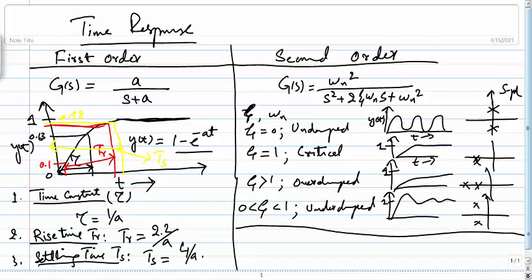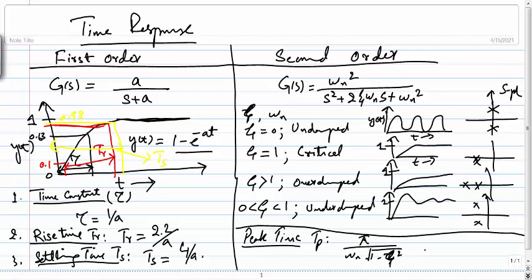Now the second thing that we must know is another piece of information: the peak time. We normally represent peak time with Tp, and we can say that this is equal to pi divided by omega n under root 1 minus zeta square.